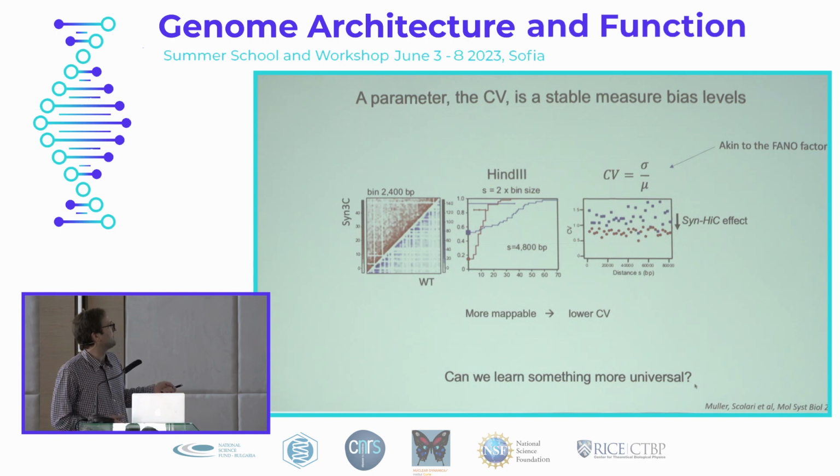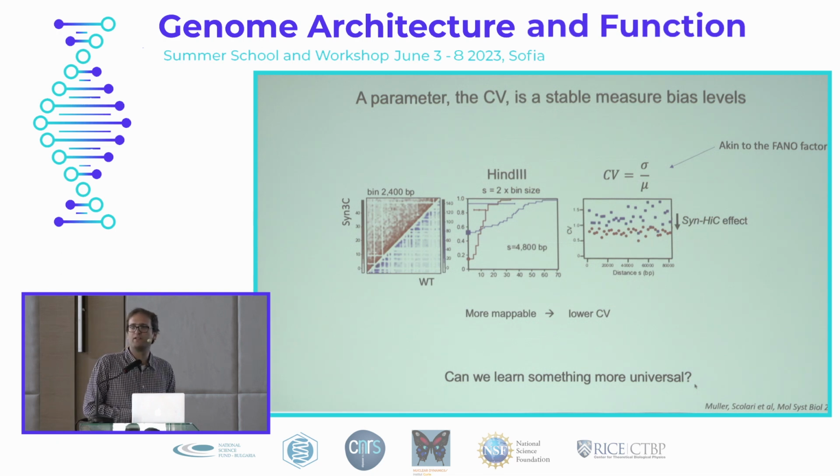And we can have a single parameter, which is the coefficient of variation, which calculates the spread of this distribution over its mean, the mean number of contacts. And this was a constant, independent of genomic distance. So we could use this to quantify the improvement of our sequence. Particularly, if you are more mappable, you have a lower coefficient of variation.